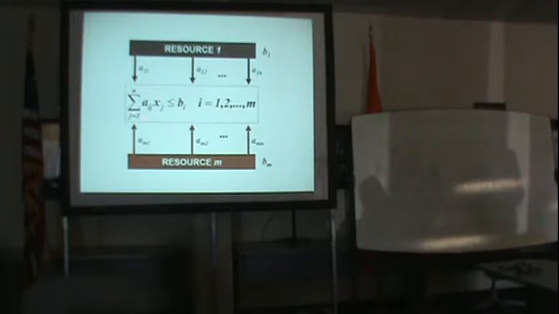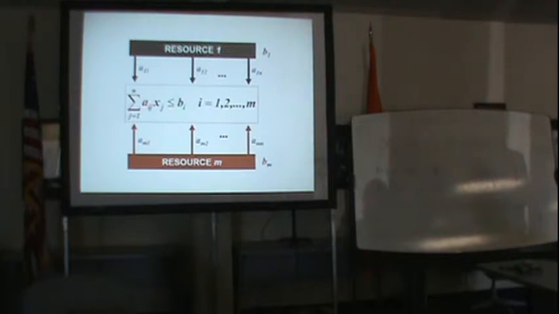Now, this is total consumption because I have added together the consumption of that resource for every activity, because the counter here, the summation, is j. Okay. So if, let's say, the first resource, i equal 1, then it will be A11 times x1.